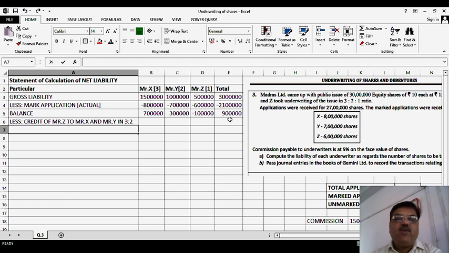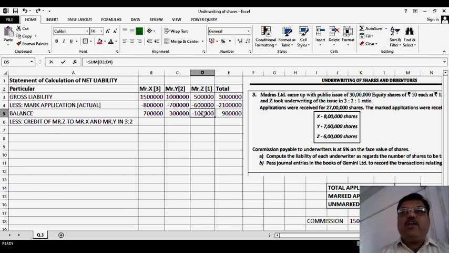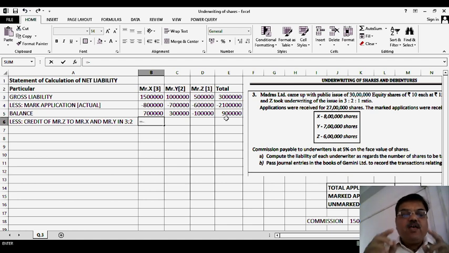That means we have to divide this 1 lakh between Mr. X and Mr. Y in the ratio of 3 is to 2. So how will you divide? Here first you have to deduct it, minus is equal to minus. Now how to divide that? 1 lakh divided by 5.